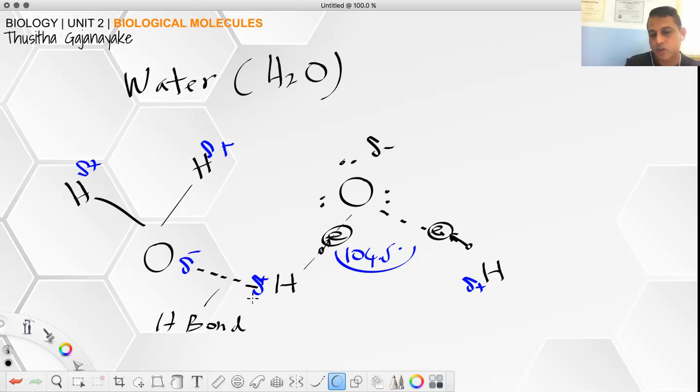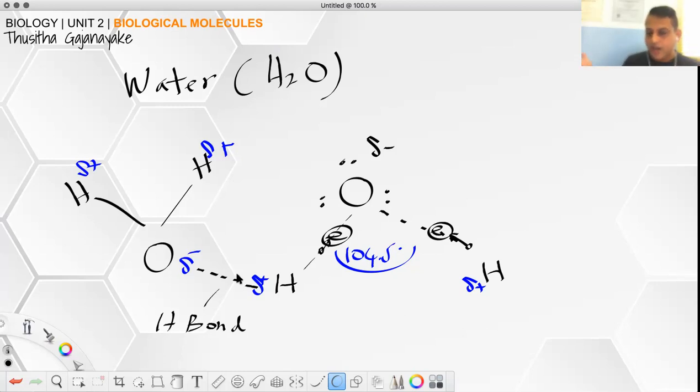Right. So if one water molecule attaches to another water molecule, they link with each other. Imagine you take a glass of water. The glass of water is full of water molecules, but the water molecules are linked with each other by the hydrogen bonds.